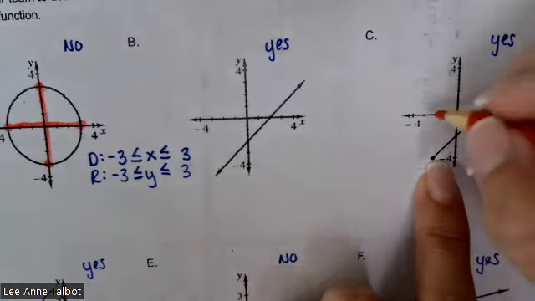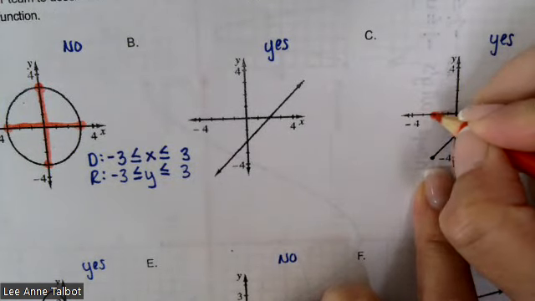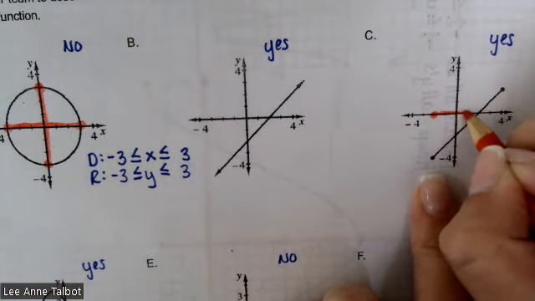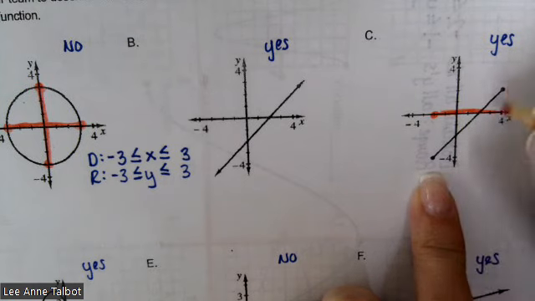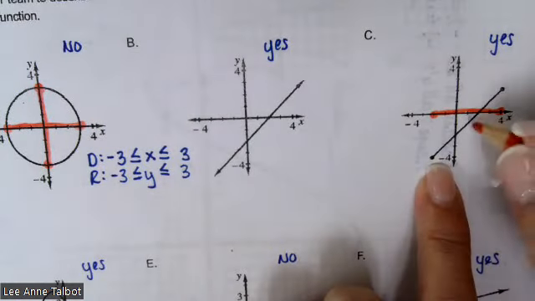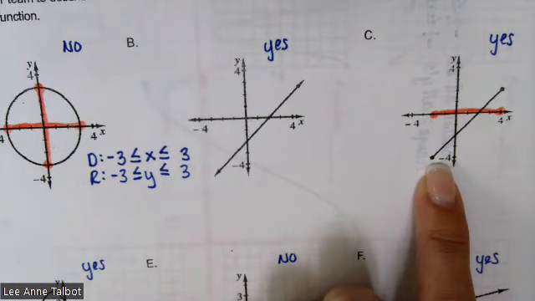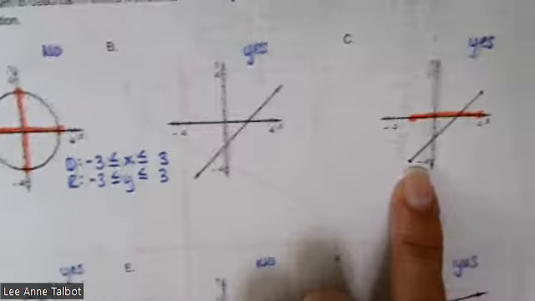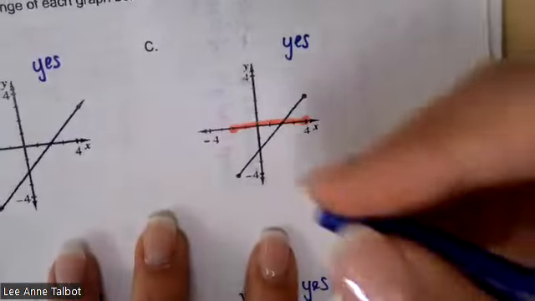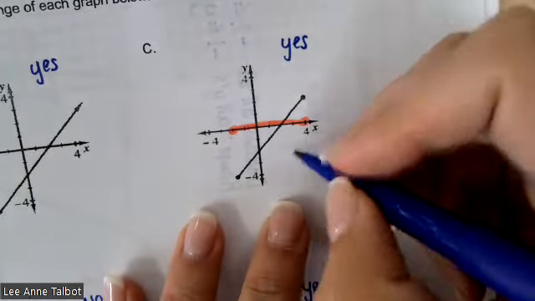Going to C. Okay, so the left side is here. Right side is here. Okay, so domain.